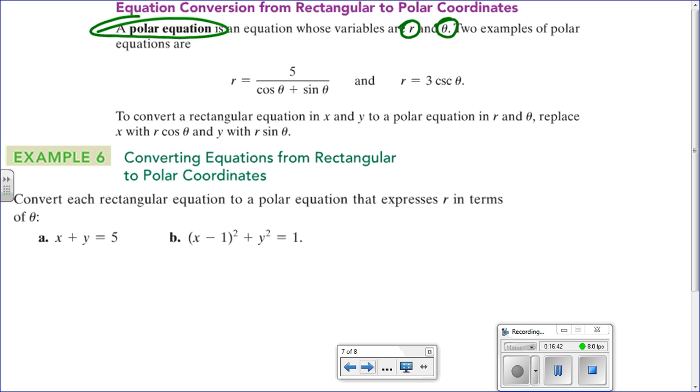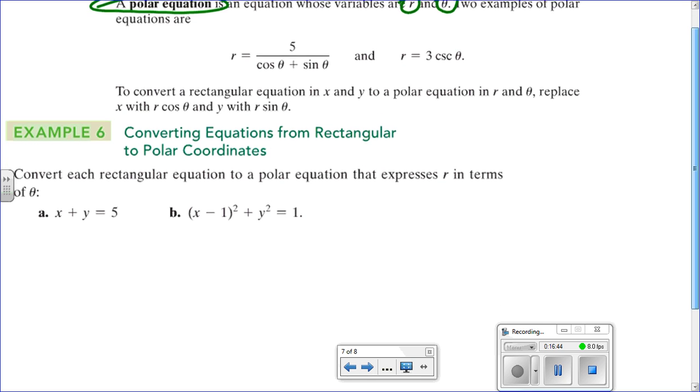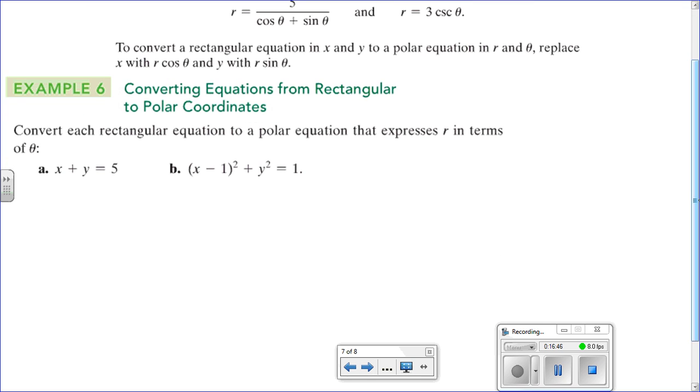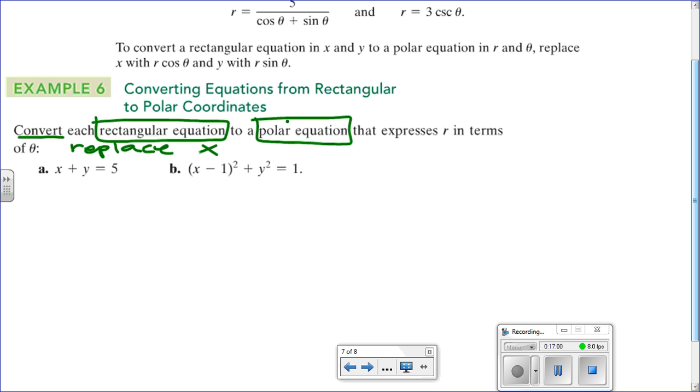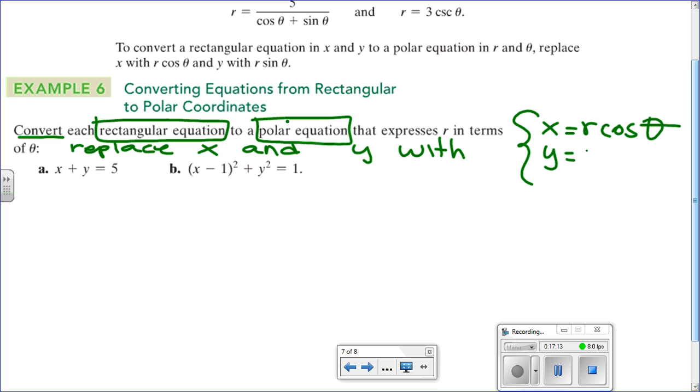And we're going to use theta as our independent variable. To convert from rectangular to polar, we're going to replace x and y with the two formulas that we already used: r cosine theta for x, and r sine theta for y.